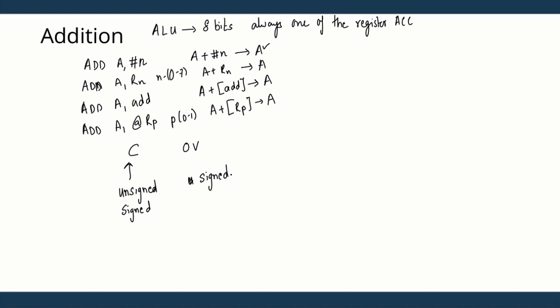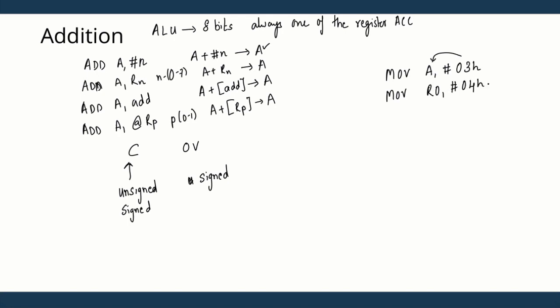So let us do a simple addition instruction. I will take the instruction move A, comma hash 03H, so the data is moved to A. Then move R0, comma hash 04H.